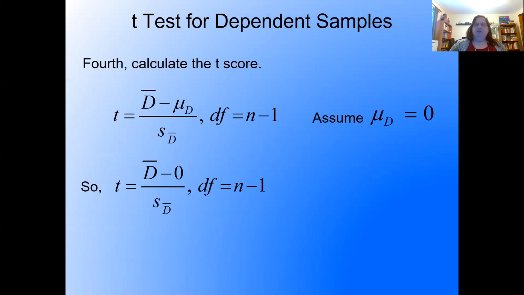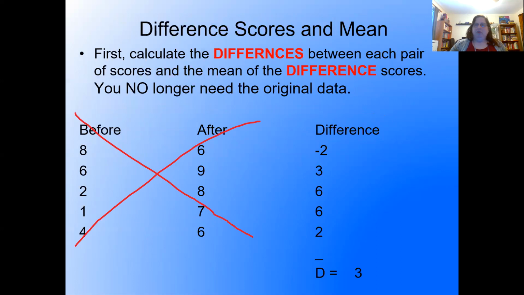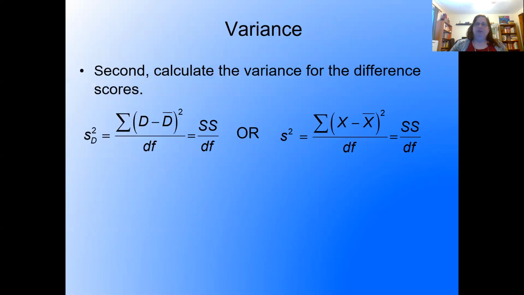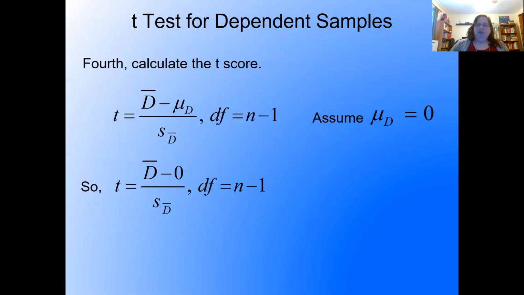So again, it's a matter of how you're going to figure out which step to start with. Raw data, do steps 1 and 2. Already have a variance or a standard deviation, go to step 3. Already have a standard error, go to step 4. Okay.